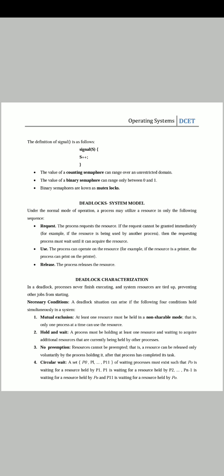The next important concept is deadlock. Before starting with the deadlock concept, we should know the idea behind it. In the book, the example of trains is given.